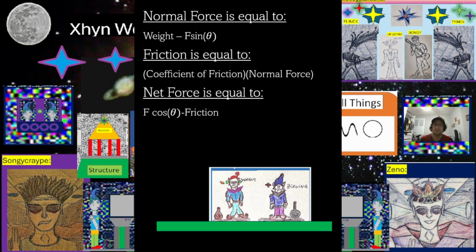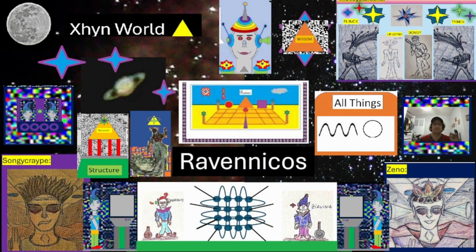Static if the object is not moving, kinetic if the object is already moving. And the coefficient of static friction is used when the object is about to start moving. It's at the max static friction that, when we go over it, the object starts moving. So we always base off that.